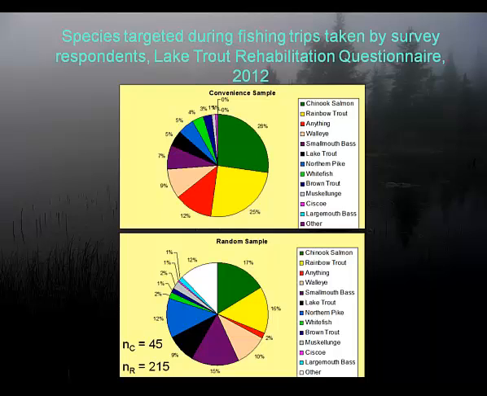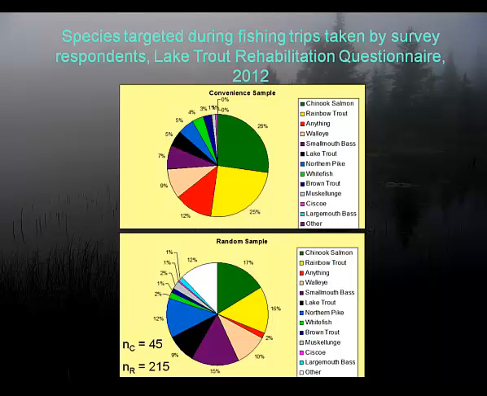And as far as species preference, there was certainly a big proportion of our convenience sample that do target Chinook salmon and rainbow trout, as opposed to the random sample that were much more varied and do look for other species, cooler and warmer water species.